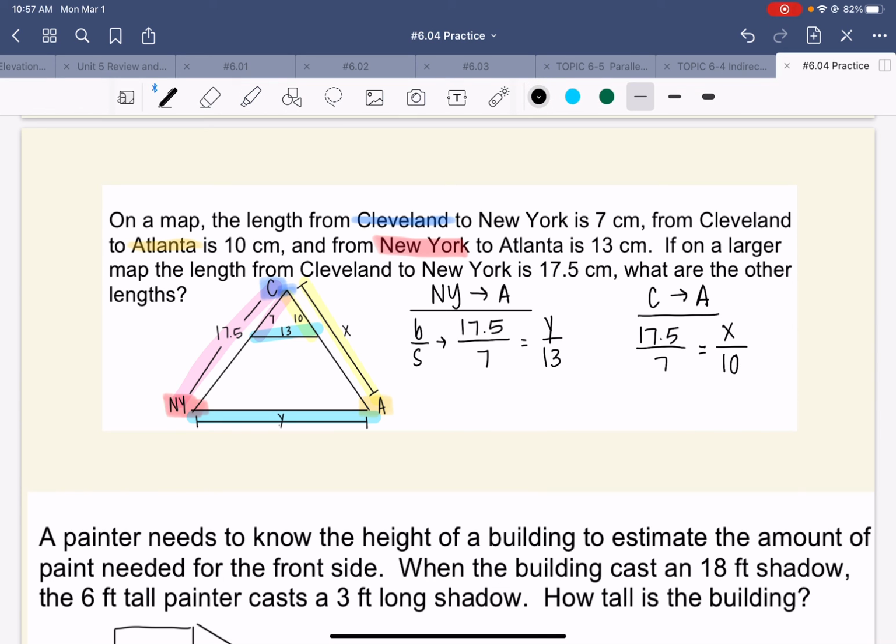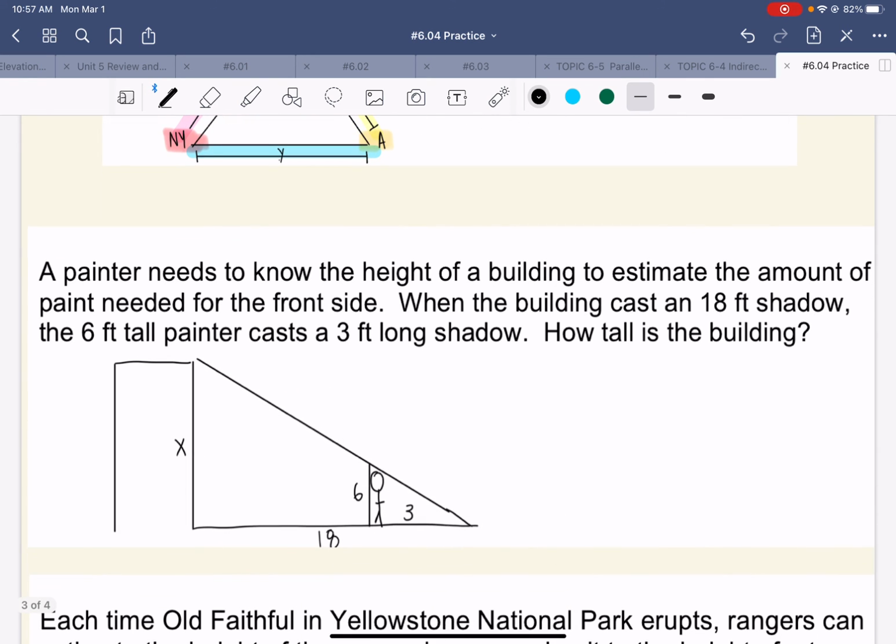The rest of the questions are very similar to each other, just putting big triangle over small triangle. The big values I like to highlight in blue. Big is always going to be around the whole triangle, so 18 is a big value and X is a big value.